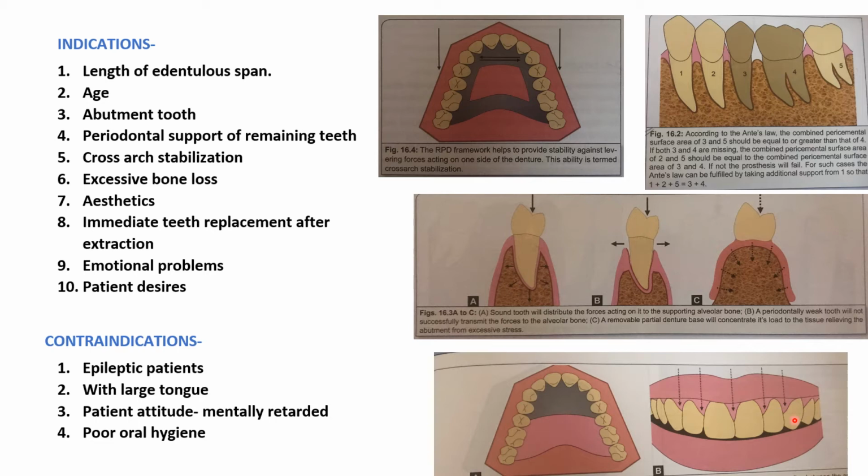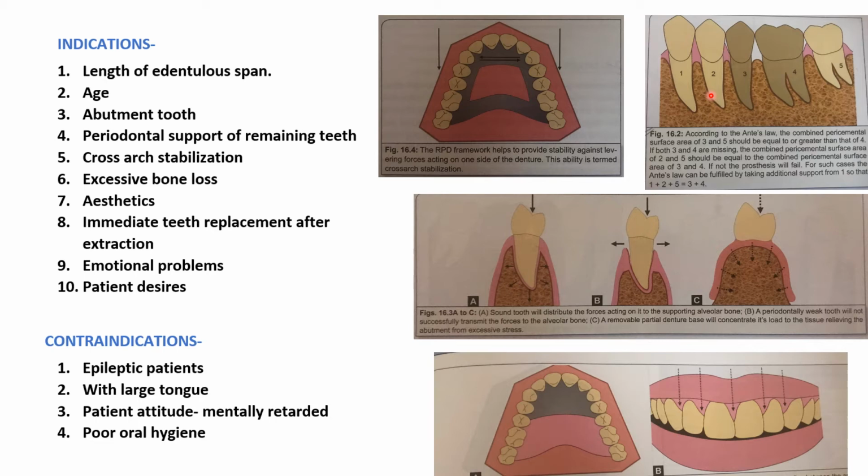In a fixed partial denture, you are doing crown cutting for the adjacent sound teeth, so the patient says they don't want sound teeth to be destroyed or any procedure done on those teeth. So they ask for removable partial dentures. The other reason is economic, as fixed partial dentures are expensive. So people prefer removable partial dentures.